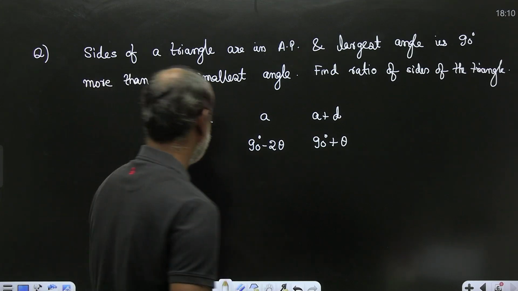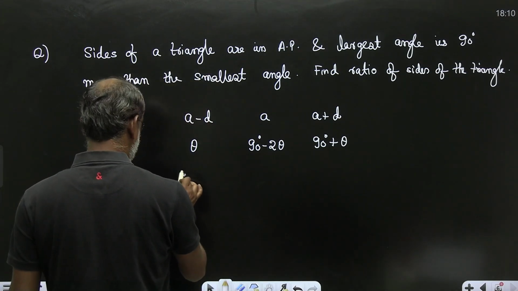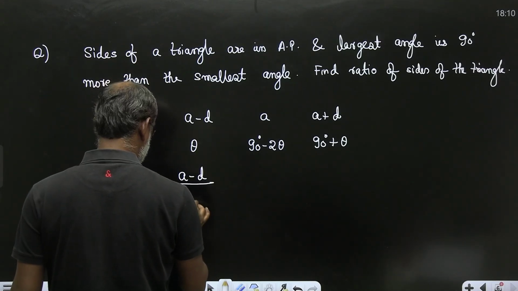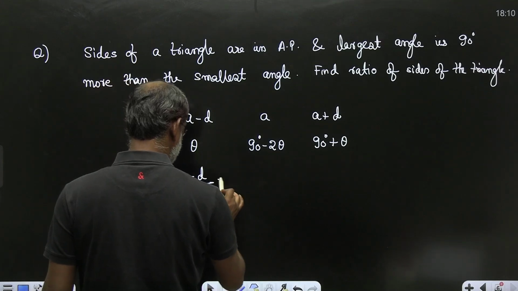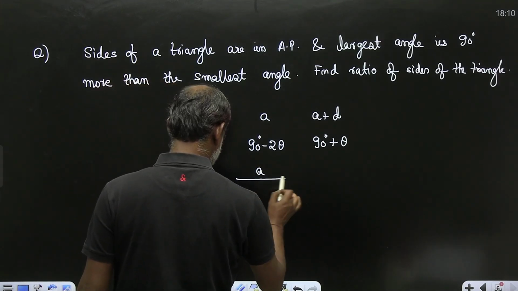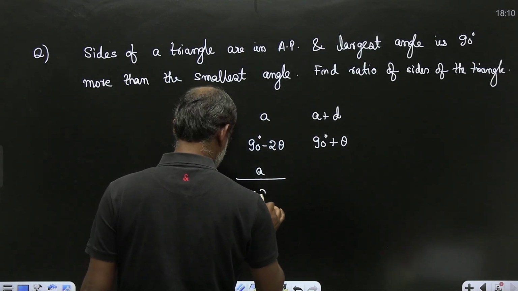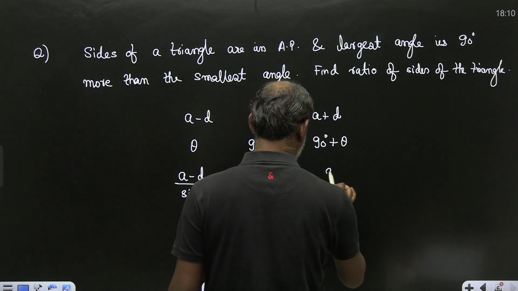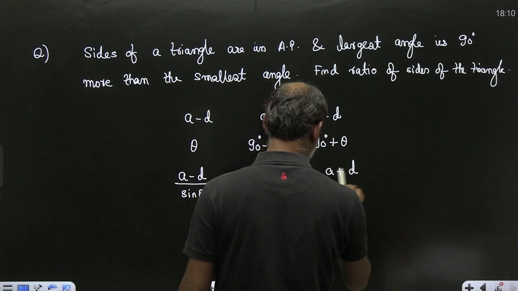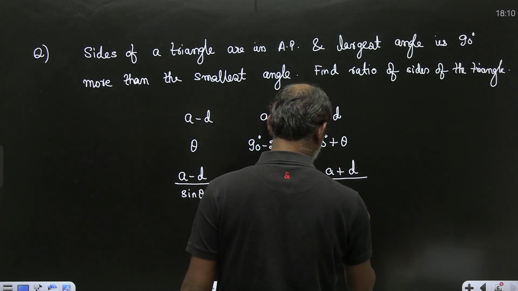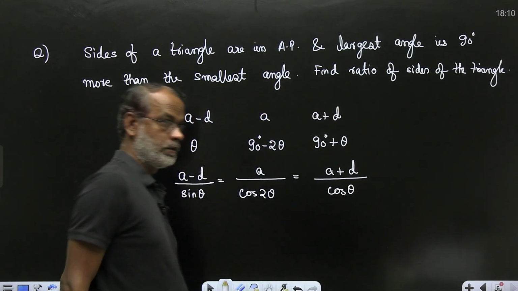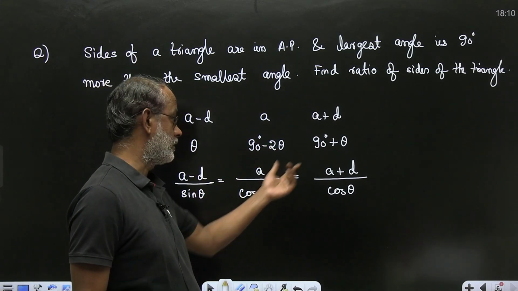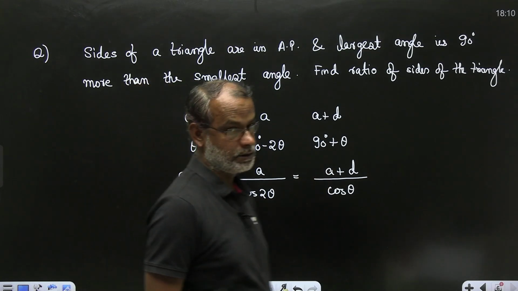Now we have to use the sine law. A minus D by sine theta, A by cos 2 theta, A plus D upon cos theta. Getting it? Sin 90 minus 2 theta is cos 2 theta. Sin 90 plus theta is cos theta.